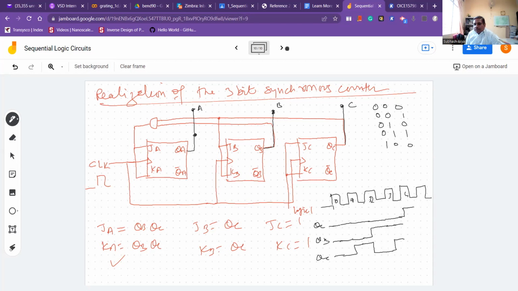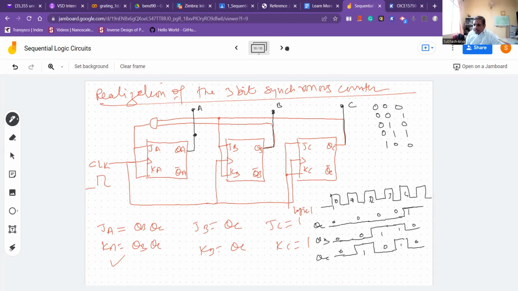QC will be 1, but both others are 0. You can see here 0, 0, 0. The next will be 0, 0, 1. Next will be 0, 1, 0. Next will be 0, 1, 1. Next is 1, 0, 0, and so on.